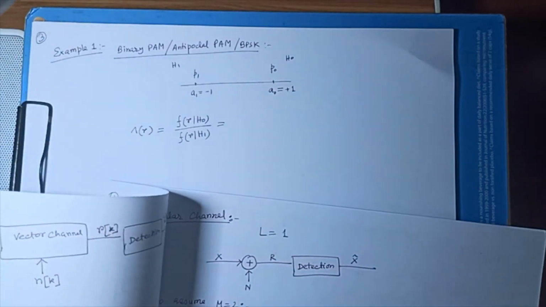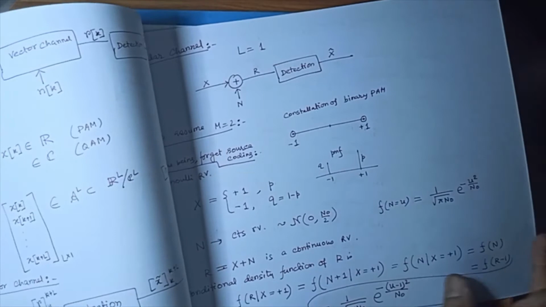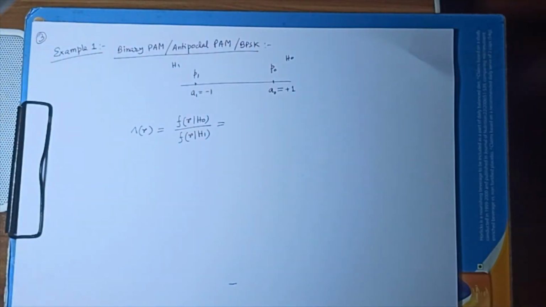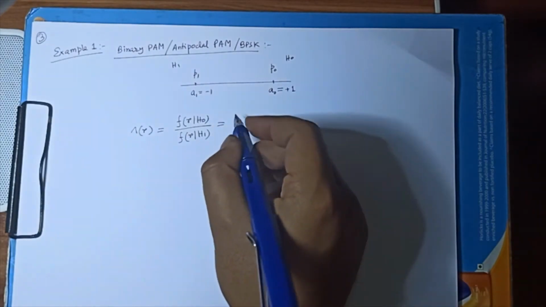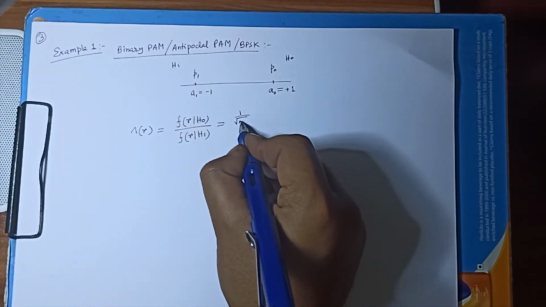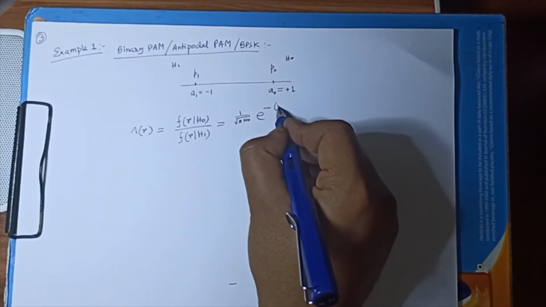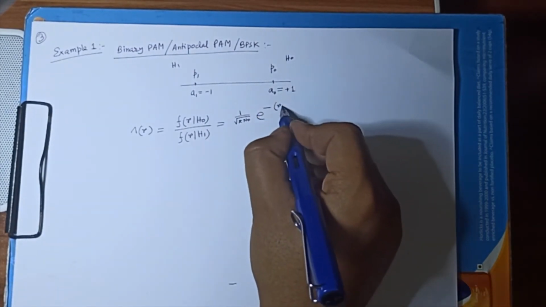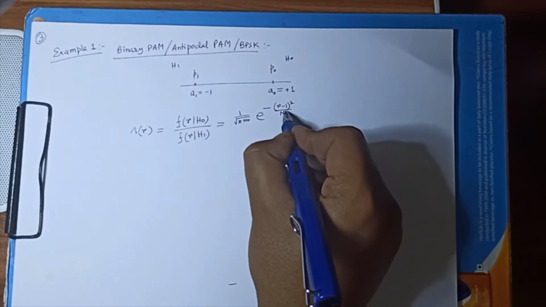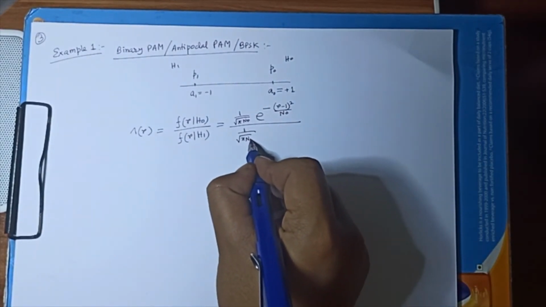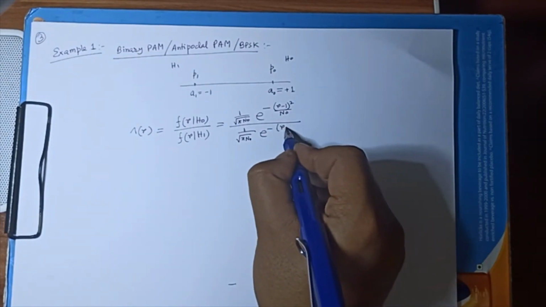So here we have already seen it. It will be 1 by root over of pi n0 e to the power minus r minus 1 square by n0, divided by 1 by root over of pi n0 e to the power minus r plus 1 square by n0.